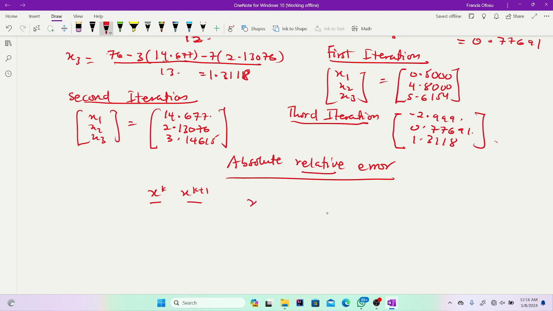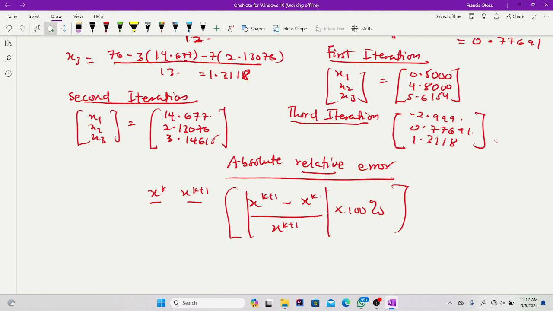So we simply have s to the power k plus 1 minus the original all over s to the power k plus 1 times 100%. This gives us our absolute error. But we take the absolute of this because you are subtracting, it's possible to get minus. We have to eliminate every minus. You're not interested in the minus sign, right? So this minus this all times 100%.